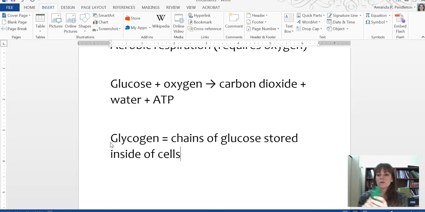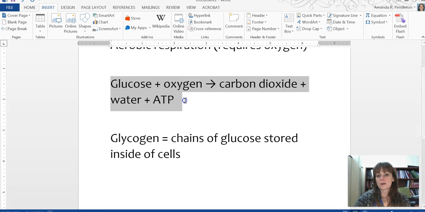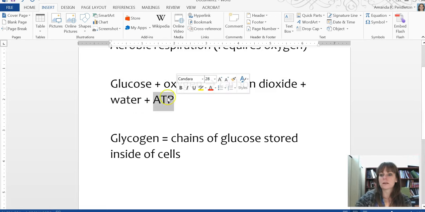If a cell needs a little ATP, it takes off a glucose molecule, reacts it with oxygen, and produces carbon dioxide, water, and most importantly, ATP. And this ATP is going to be used to power the movement of those myosin heads.